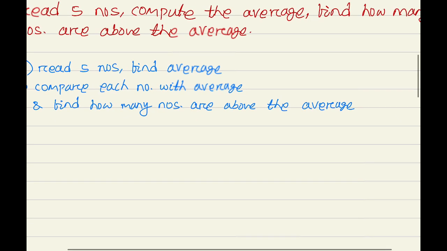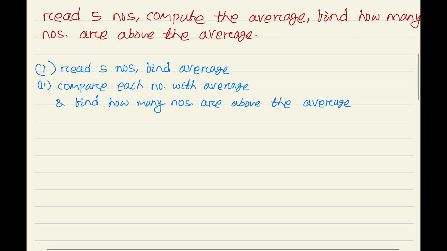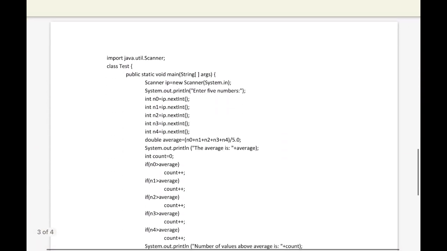So simple one. First we write the program that is going to take input from the user, then find the average. In the second part we will compare each number with the average and find how many numbers are above the average. So you can see the complete program here.